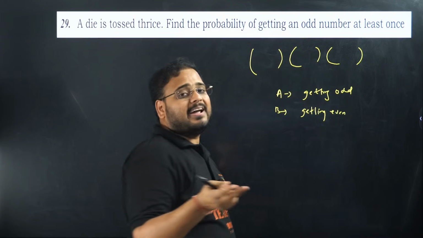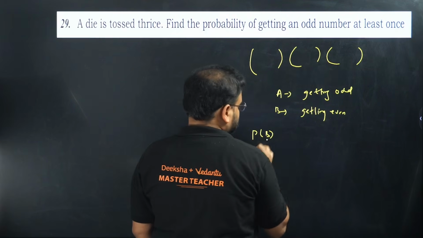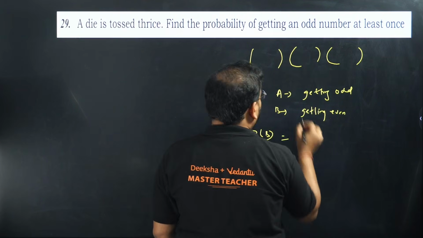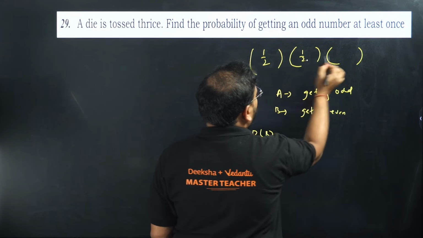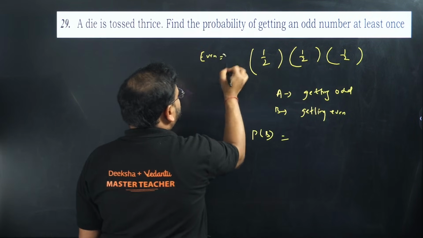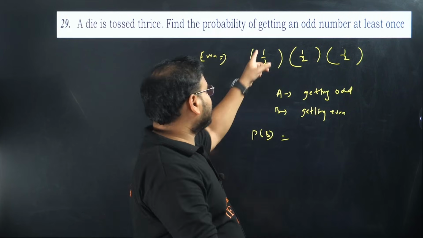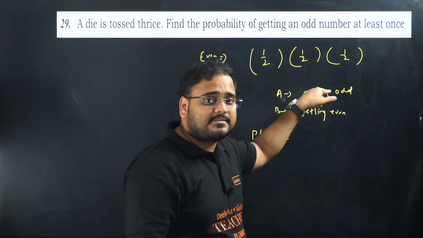So if I can find the probability of getting all even, I'll get 1 by 2, 1 by 2, 1 by 2. How come, sir? This is what I'm saying, even values. We can get 2, 4, 6, 2, 4, 6, 2, 4, 6 like that. So we'll have 3 by 6, 3 by 6, 3 by 6. Listen to me.